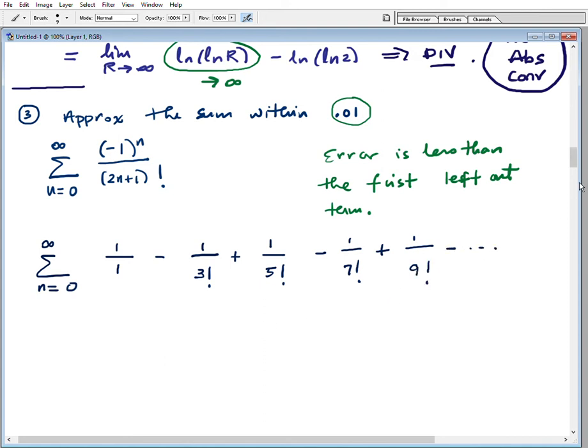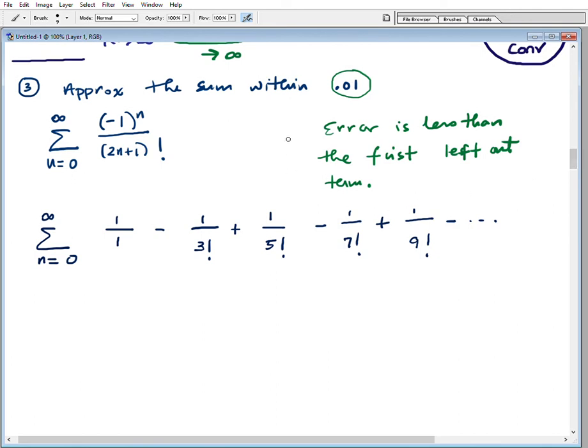Let's just find one that's less than 0.01. I'll start with this one. 1 over 3 factorial is equal to 1 over 3 times 2, which is 1/6. That's not small enough. 1/6 is 0.166. We're looking for something less than 0.01.